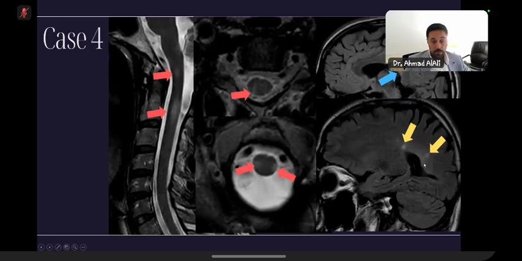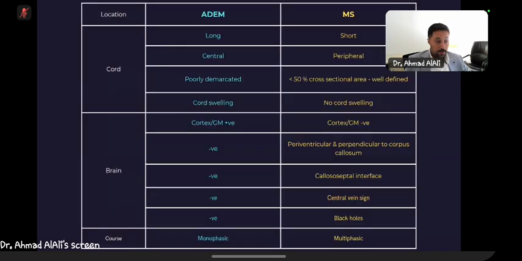They are perpendicular to the lateral ventricles or the corpus callosum. And you can see a central hypointensity within the lesions, better seen on SWI or gradient echo images, especially high resolution ones. It's called the central vein sign. So the first case was ADEM, acute disseminated encephalomyelitis, and the second case was multiple sclerosis, with candidate 2.